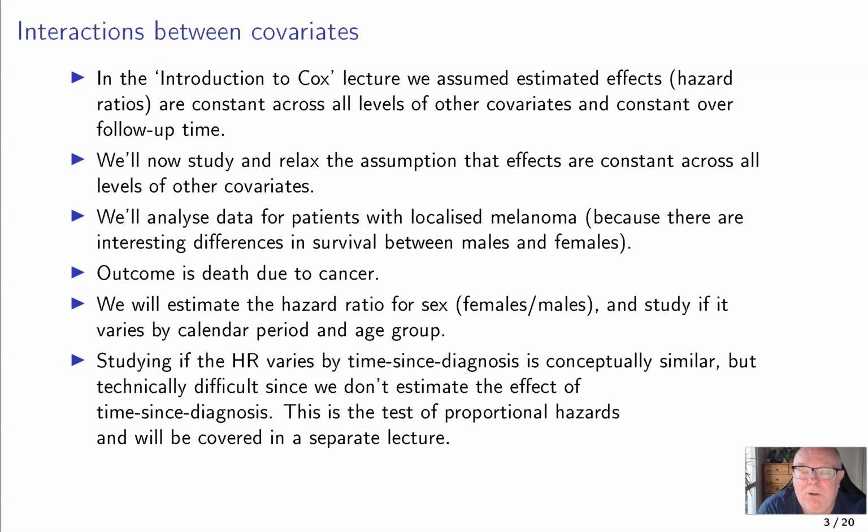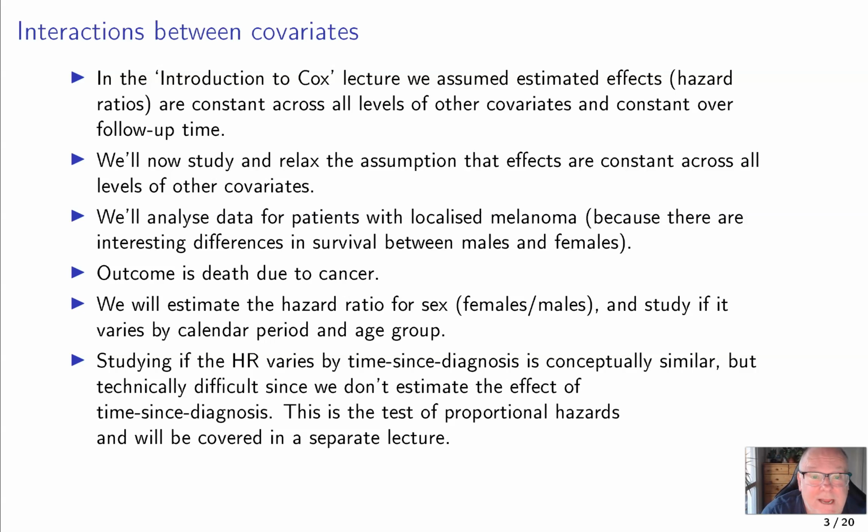Now, in the Cox model, we're modeling the outcome as a function of time, so it's a little bit different from, for example, logistic regression and linear regression, because we assume the estimated effects are constant over both all of the other estimated covariates and time, for which the effect is not actually estimated in the Cox model.